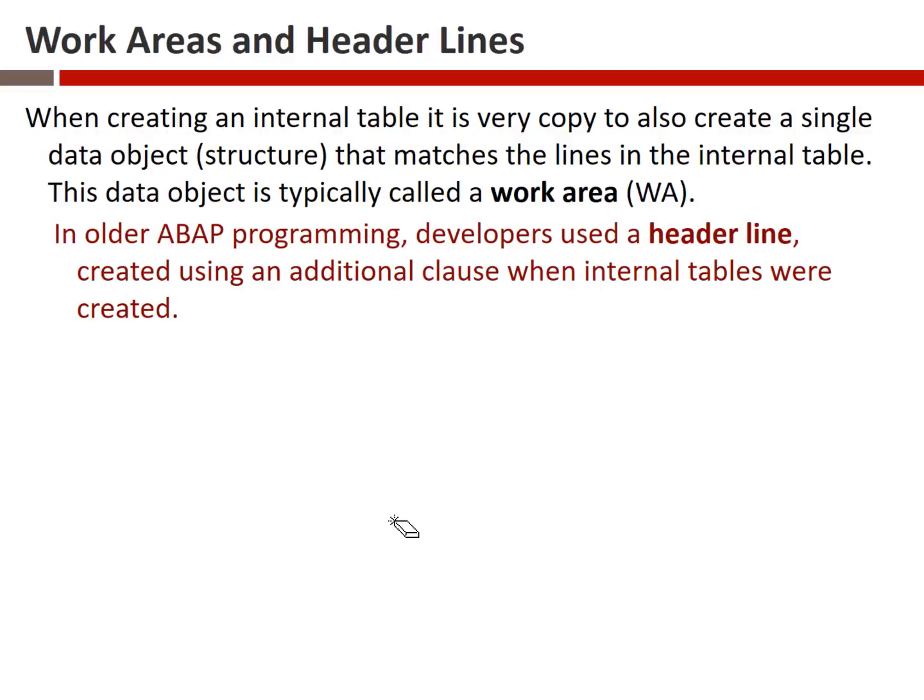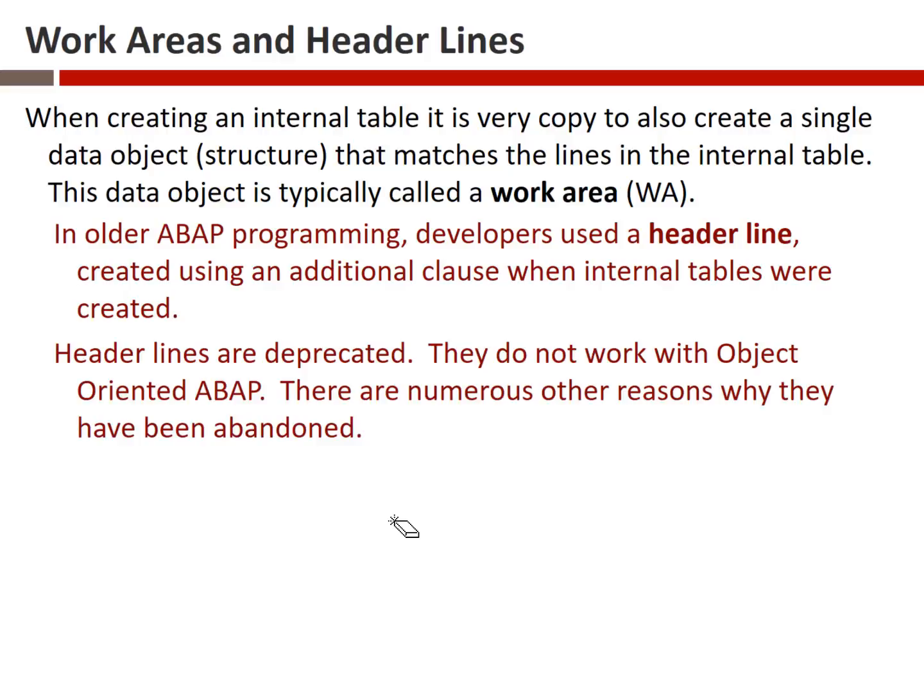Okay, so work areas are what we use, header lines are deprecated, they do not work with object-oriented ABAP, and there are a lot of other reasons why they have been abandoned. So I note them here simply to admonish you not to be confused by them should you encounter them in the future. Questions?